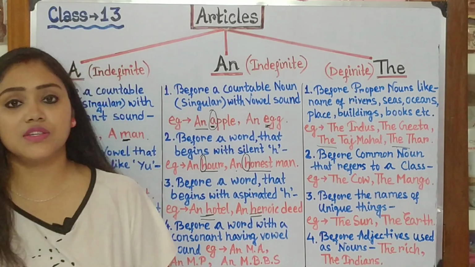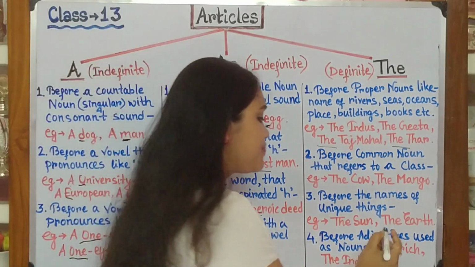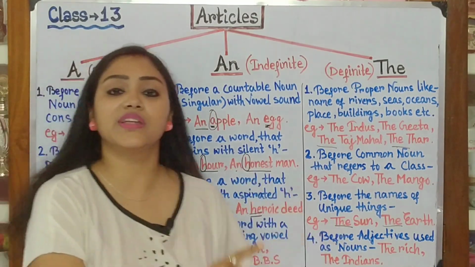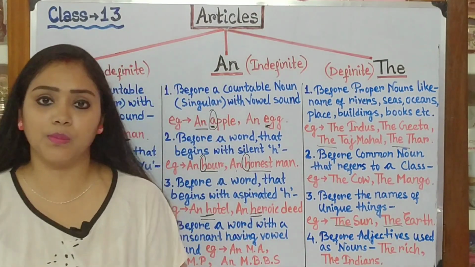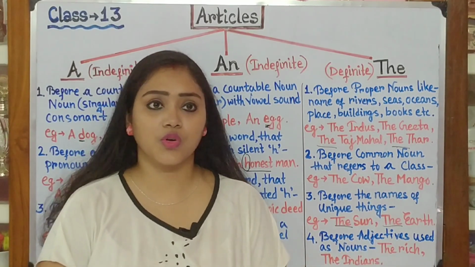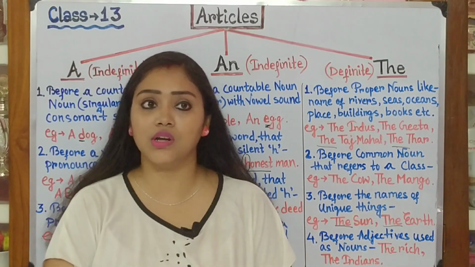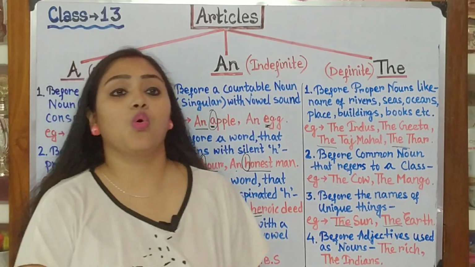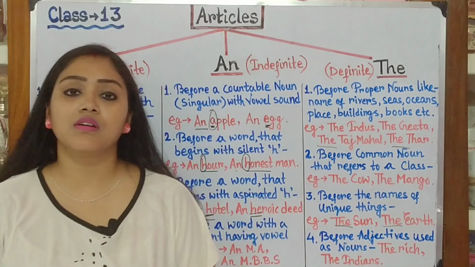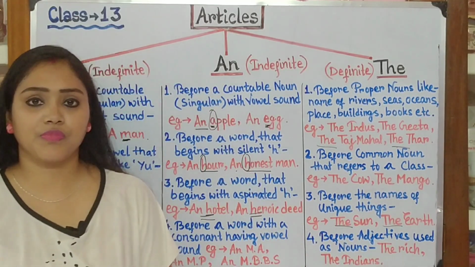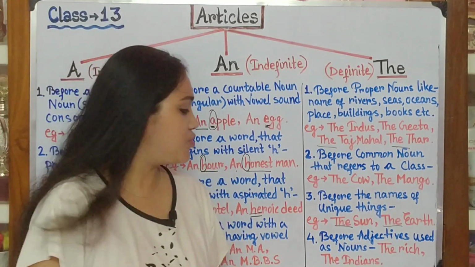Next, the earth. In both the cases, you can see the is used because earth is also 1 in number, sun is also 1 in number. Other than that you can say the Kohinoor. Only one diamond throughout the world is known as the Kohinoor, right? So whatever is unique, in such case we use the. Clear?